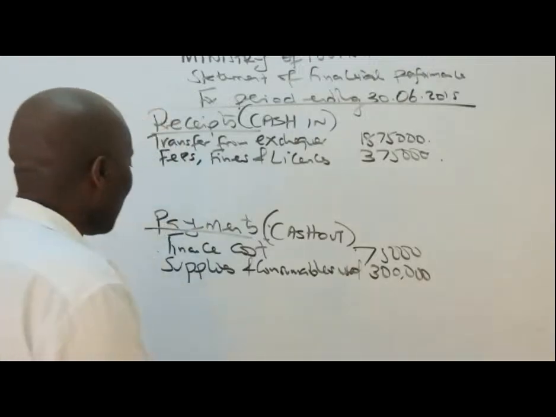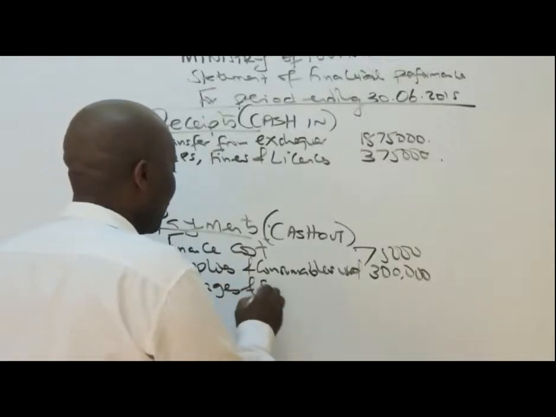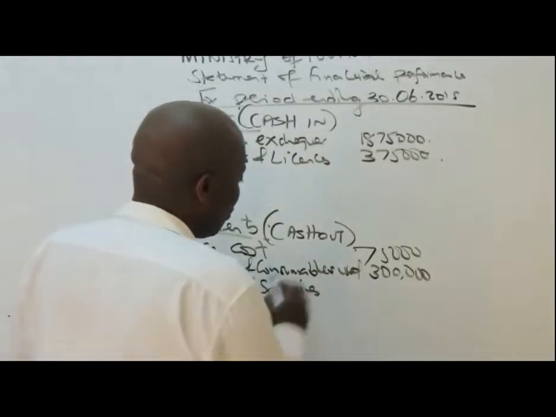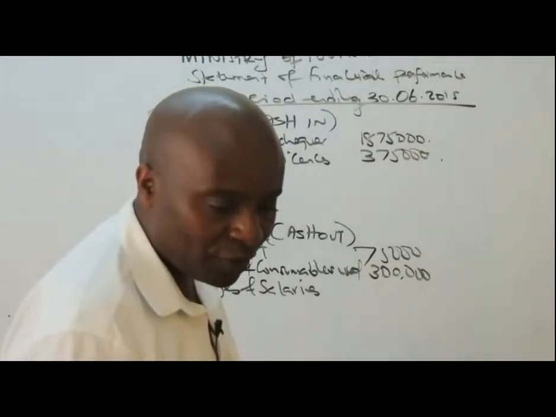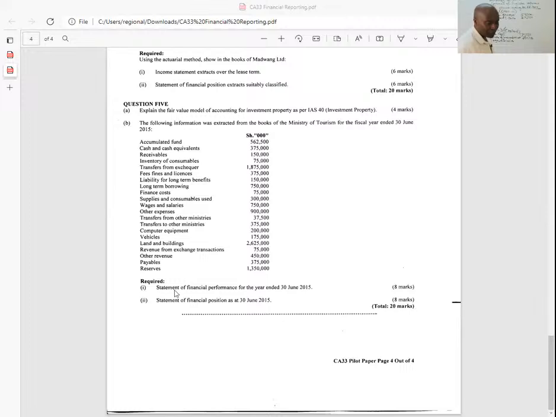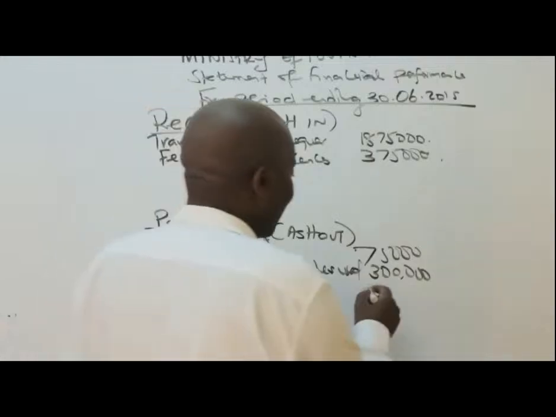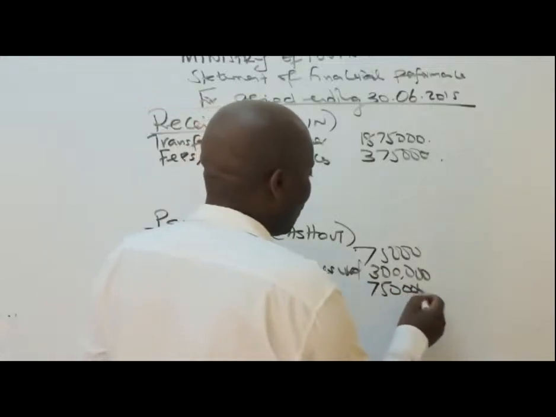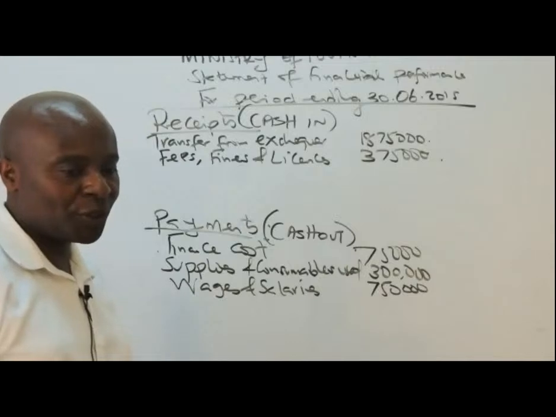So wages and salaries are a payment. They have given us a figure: wages and salaries, 750,000. Ensure that we get our figures right so that our financial position will be able to balance.